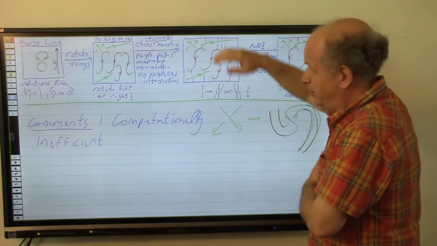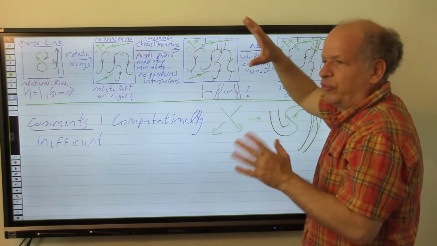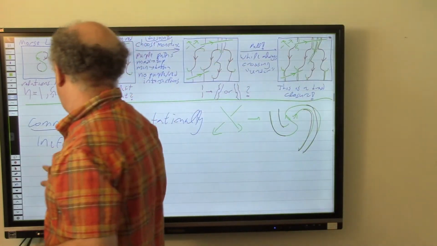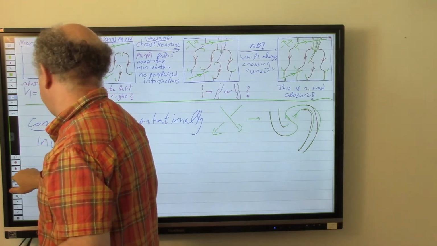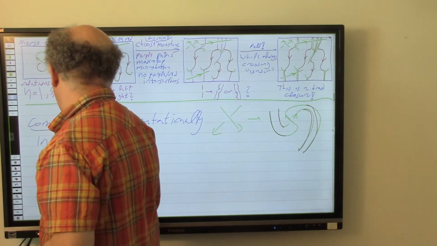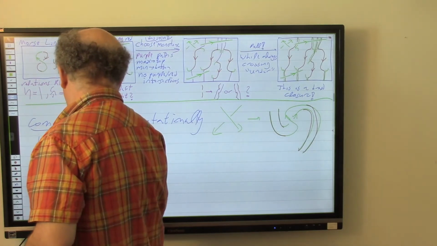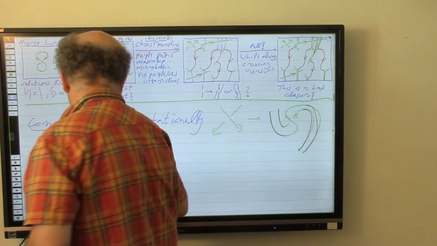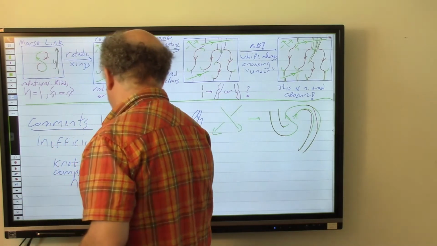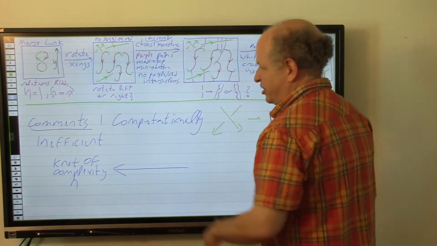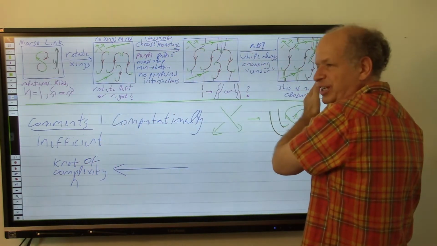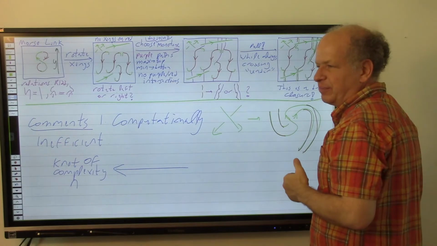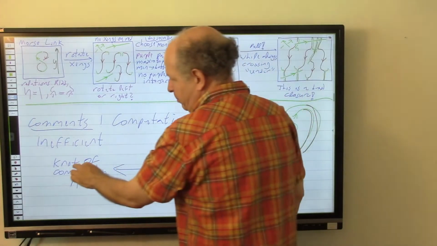So let me explain. If you have a knot of complexity n, what does complexity n mean? If you have a knot of complexity n, the braid this algorithm produces will be of a higher complexity. What do I mean by complexity n?